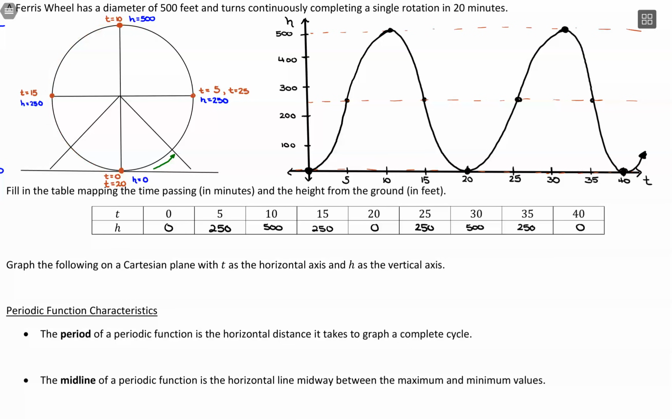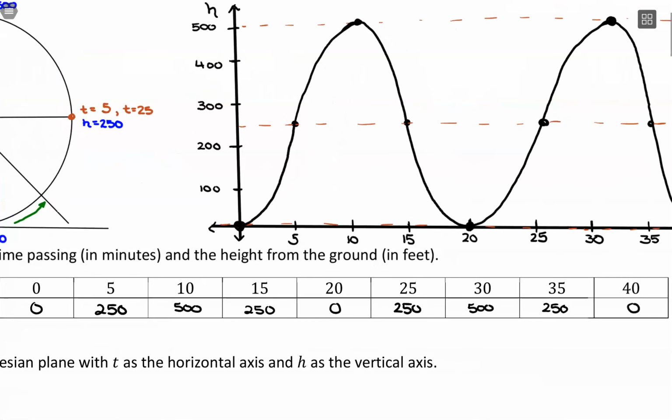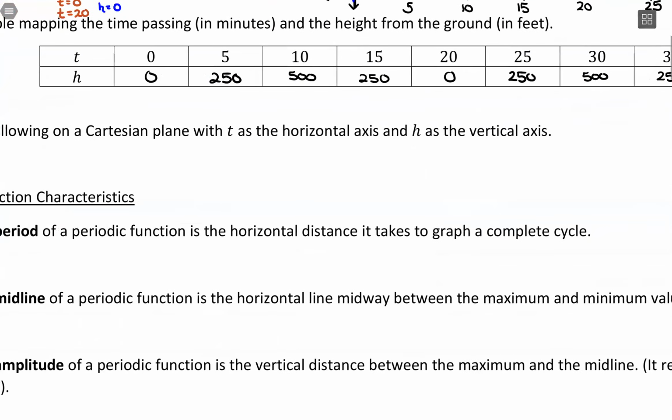And visualizing that on the graph here, our graph is starting at this point, 0, 0, and then we can see the trend of our graph, and it's doing different stuff, until we get to 20, and then we can see it's starting to repeat. So it's this horizontal distance right here for how long it takes for our graph to start repeating its shape. So for our function here, we would say our period is 20.